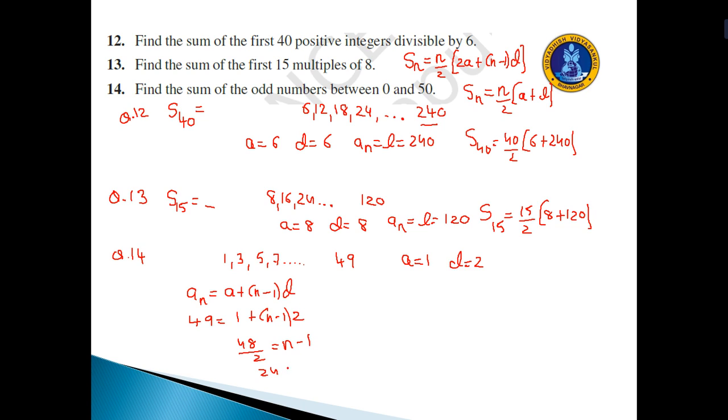So 24 plus 1 is equal to N. So N is equal to 25. An is equal to L is equal to 49. A, D and N are given. We can find the sum again by N by 2 (A plus L).